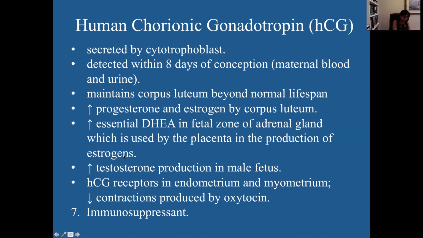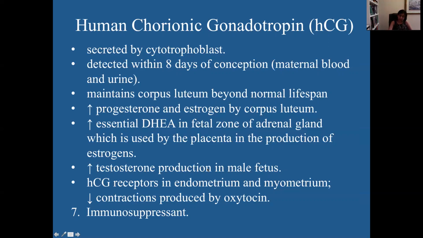So DHEA production by the adrenal cortex is increased, which is utilized by the placenta to make new estrogens. Also, increased testosterone production in a male fetus. That's the connection between HCG and testosterone in a male fetus.